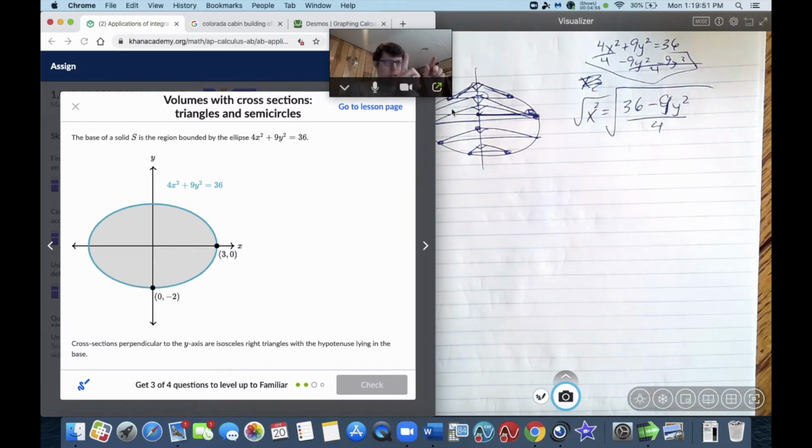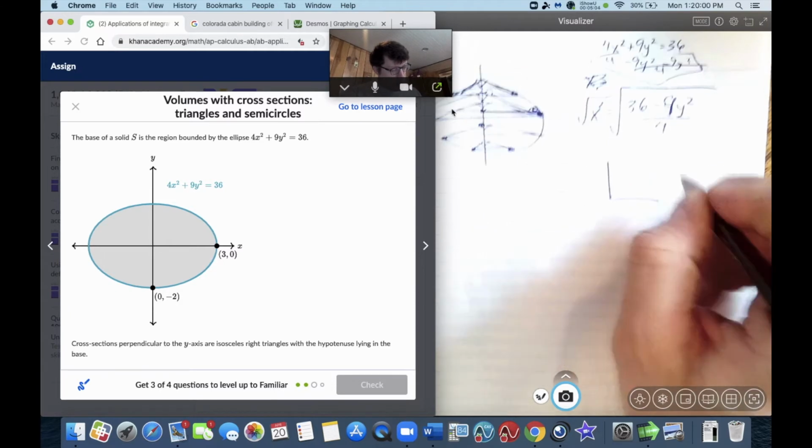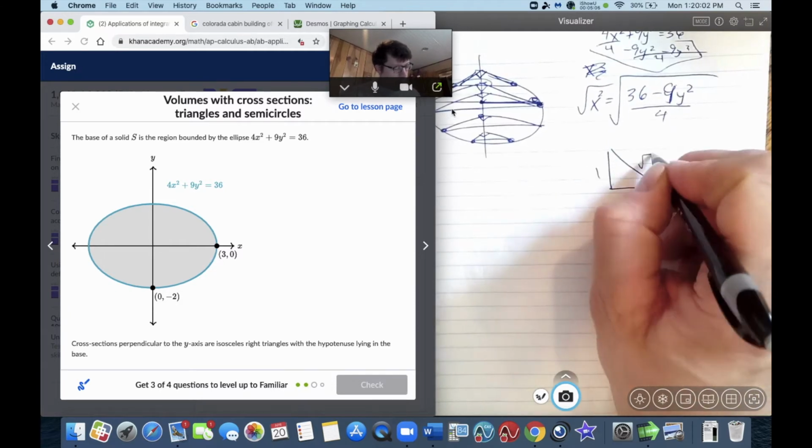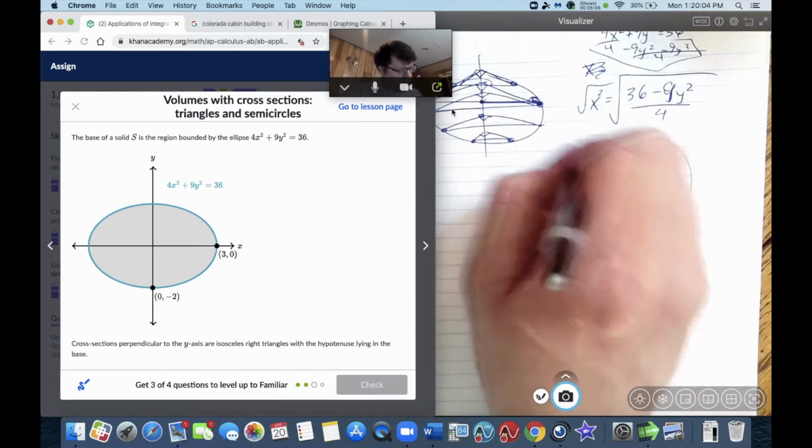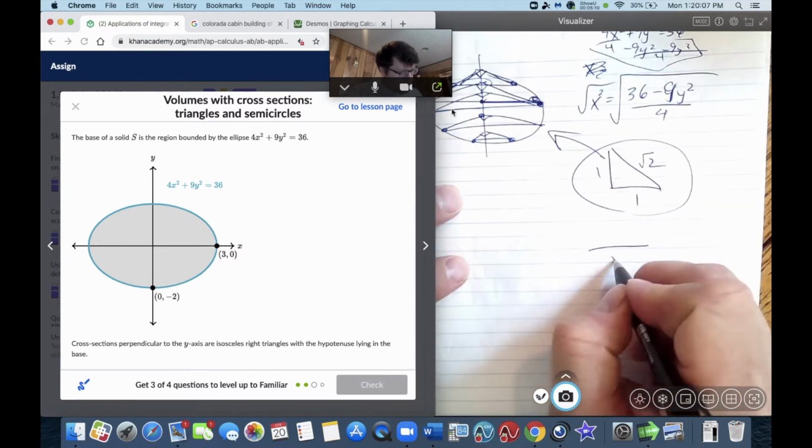If I want the whole base, what is the formula for an isosceles right triangle? I think it's 1, 1, root 2. Or if I make it line up with what's going on there, root 2, 1, 1.